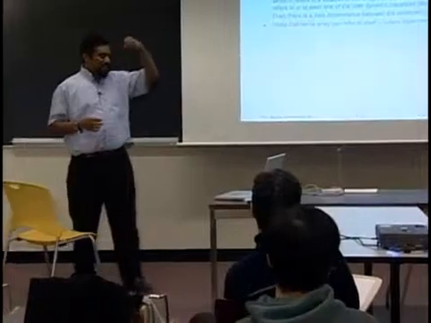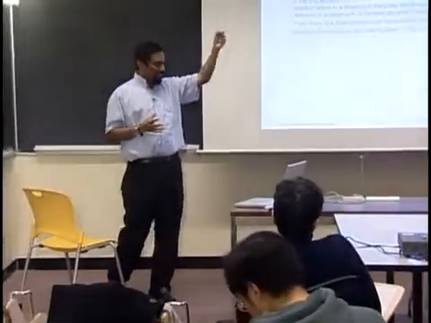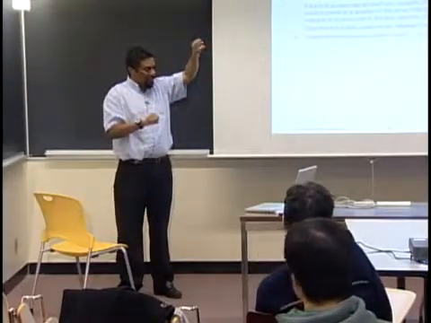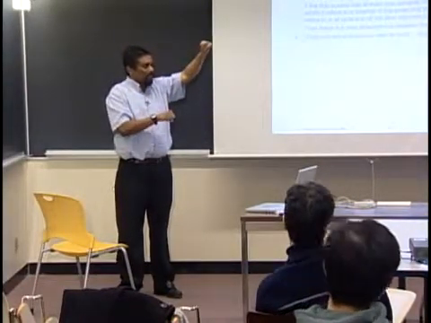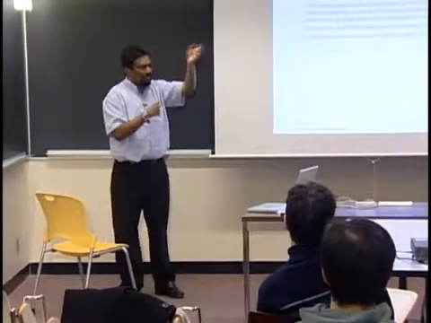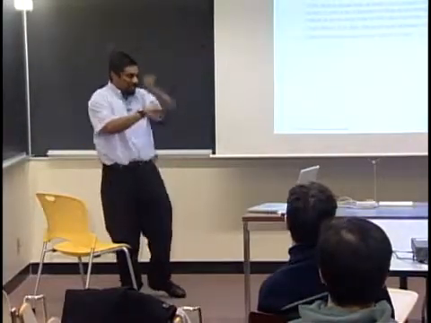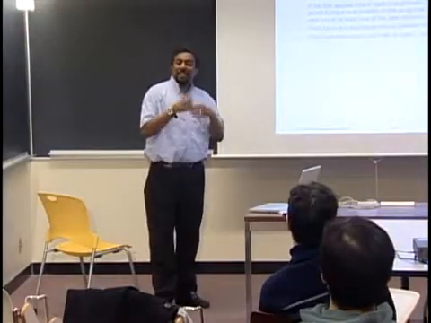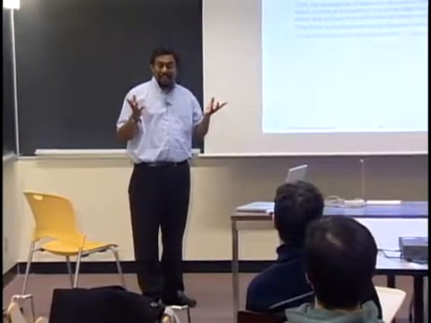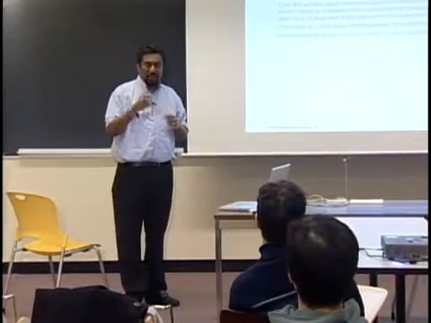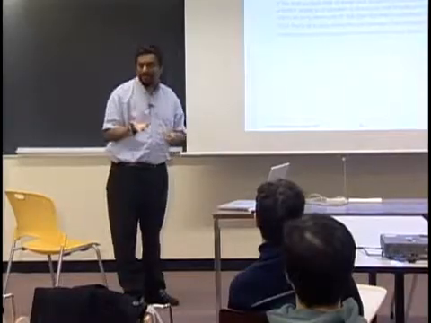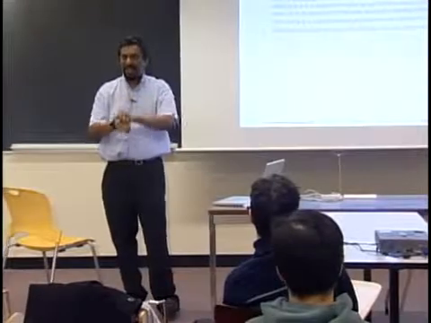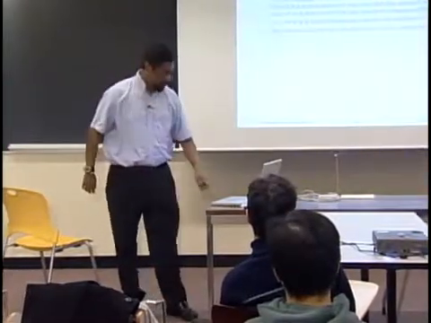So there's a dynamic instance that accessed a location, and another instance that also accesses the same location later, and one of them has to be a write, otherwise it's not a true or anti-dependence. And the second one has to come after the first one. You can also look at the same array access if you are writing. Then you can have an output dependence also. So it's between a read and a write, and a write and a write, two different writes, or it can be the same write too.